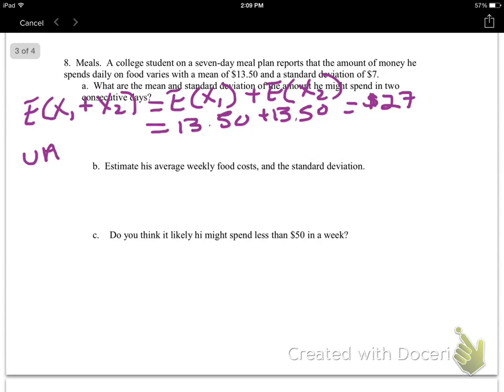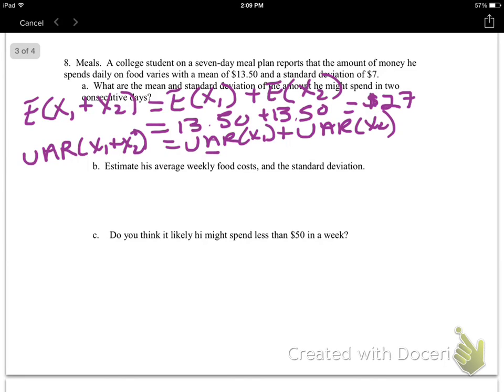Okay, so let's go find the variance of X1 plus X2, which is equal to the variance of X1 plus the variance of X2, which is 7 squared plus 7 squared, which is 49 times 2, which is 98.